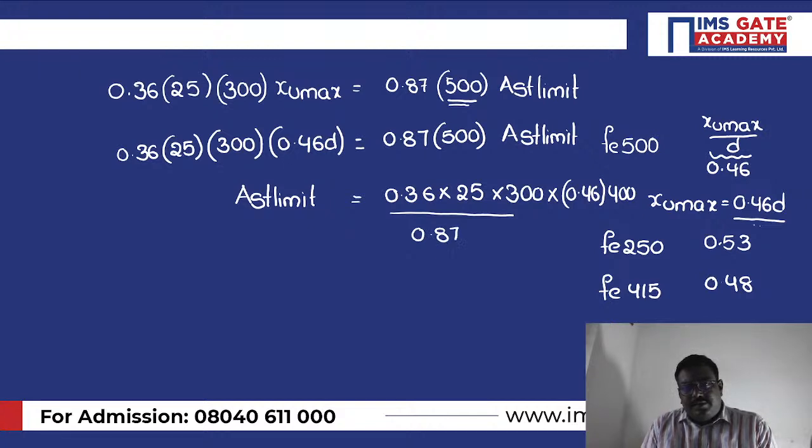So the limiting area of steel is nothing but 1142 mm square.